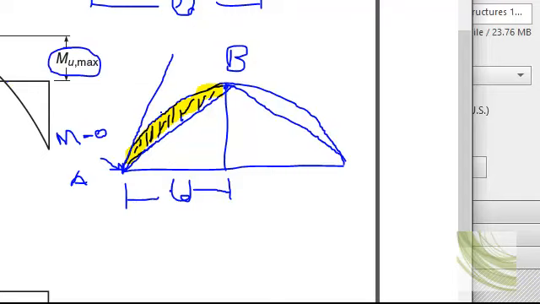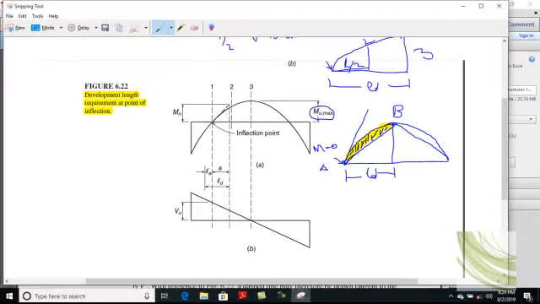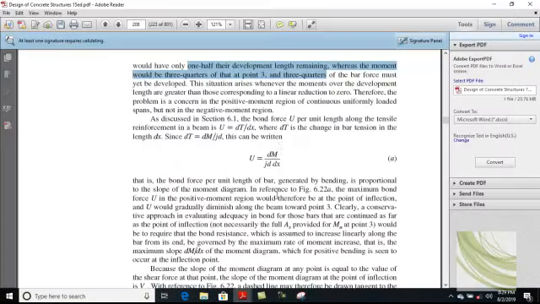Clear? So basically, as discussed in section 6.1, which is chapter number 6, the bond force U. We will discuss this chapter at the beginning of lecture 1.